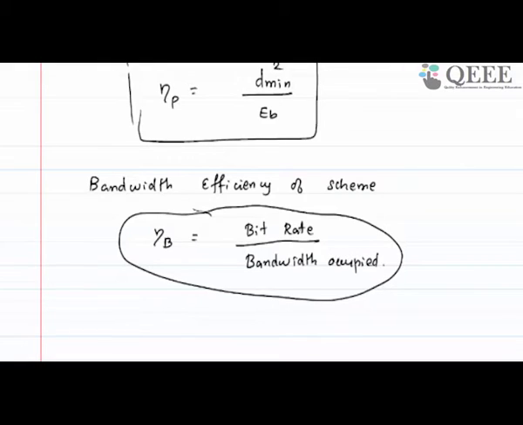The bandwidth efficiency of the scheme is basically how much bitrate I can support using that scheme divided by the bandwidth occupied by that scheme. So bitrate divided by bandwidth is the bandwidth efficiency, and the minimum distance squared divided by energy per bit is called the power efficiency.